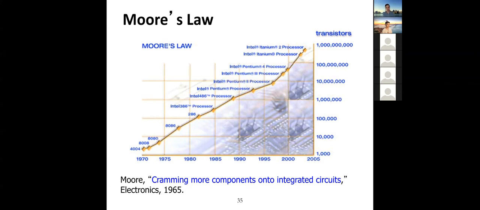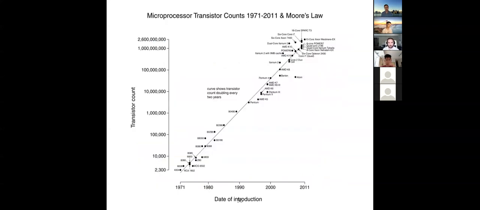This was a driving force from the mid-70s all the way until, I would say, 3-4 years ago. For a long time, that was more or less sustainable. We were able to roughly double the number of transistors every 18 months.